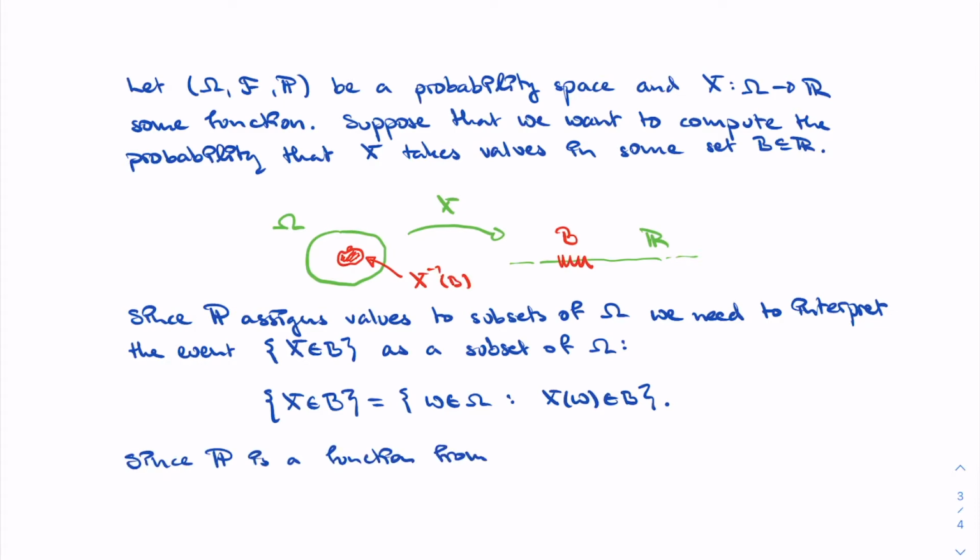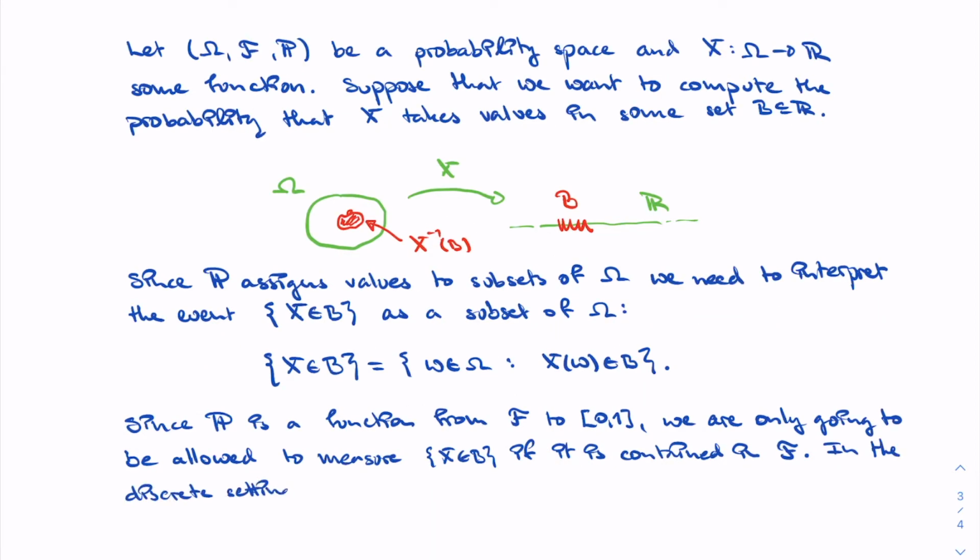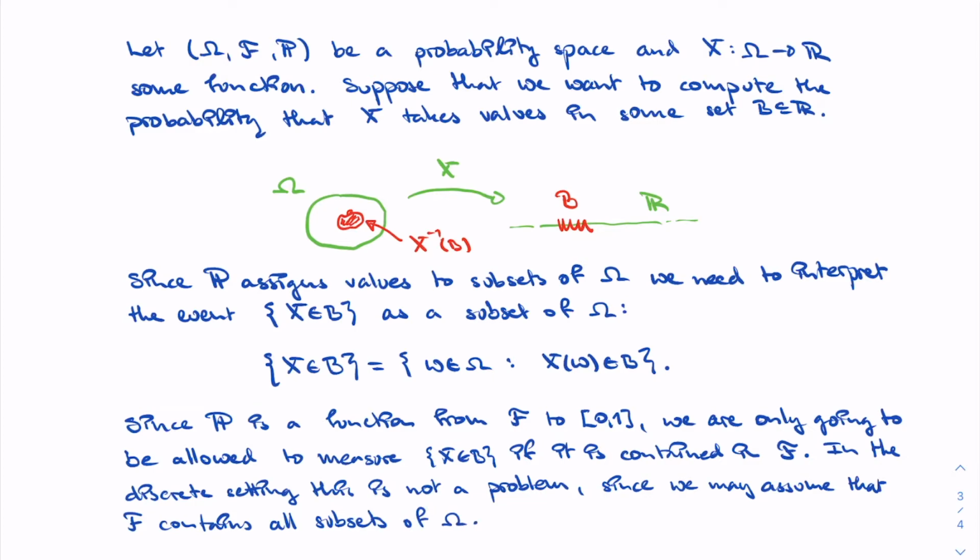Since P is a function from F to the interval [0, 1], we are only going to be allowed to measure the event that X takes values in B if this is a set contained in F. In the discrete setting, this is not a problem, since we may assume that F contains all subsets of Omega, but in general, we need to be more careful.